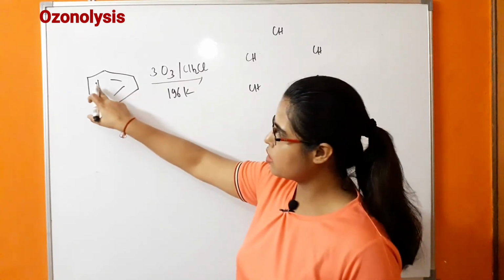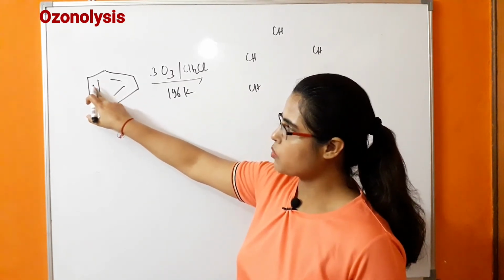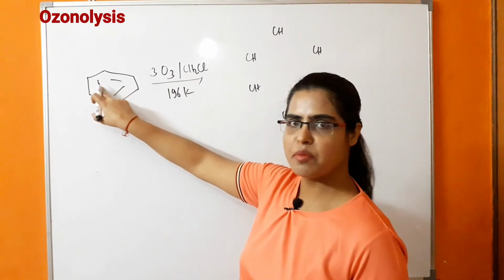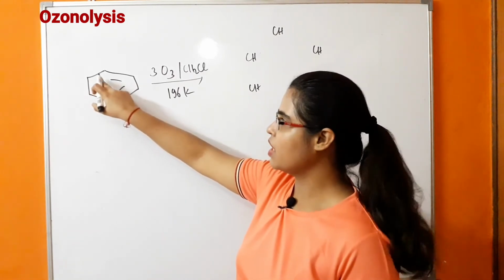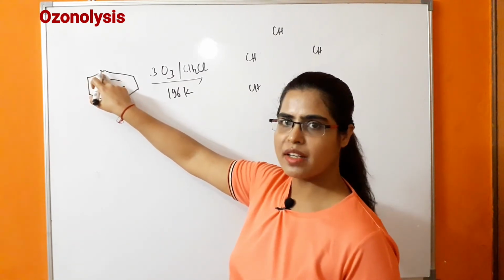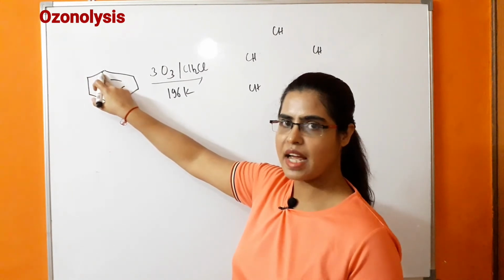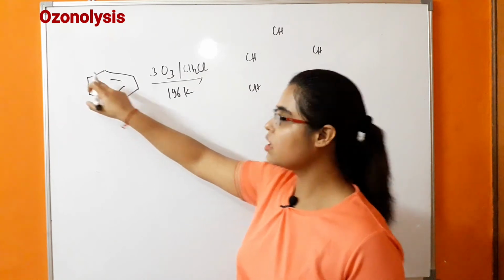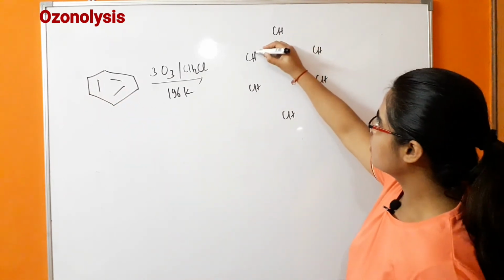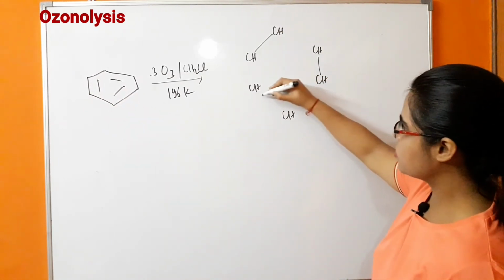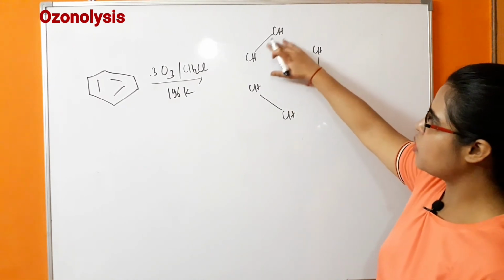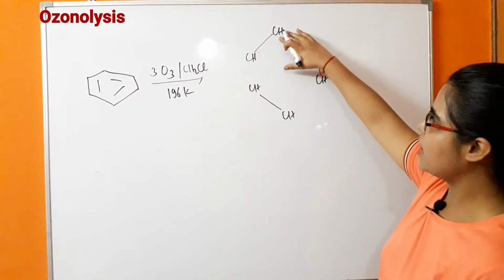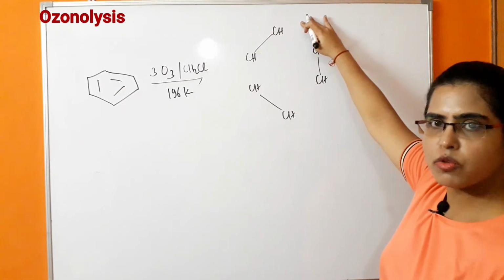At the double bond position, both sigma and pi bonds will be cleaved, whereas the carbons which are shown by the single bond will remain intact. It means this bond will remain intact between the carbons, whereas these carbons will form ozonoid.